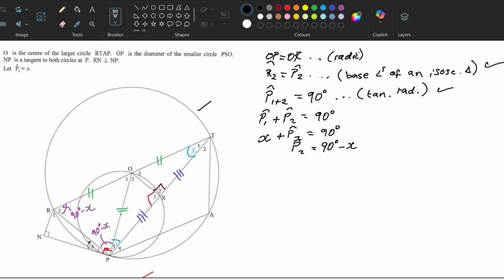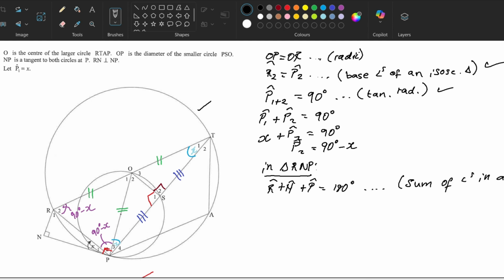Then you are going to say in triangle RNP, I'm telling the examiner that I am going to deal with this smaller triangle outside there. I'm going to say angle R plus angle N plus angle P is equal to 180 degrees. My reasoning is going to be sum of angles in a triangle.